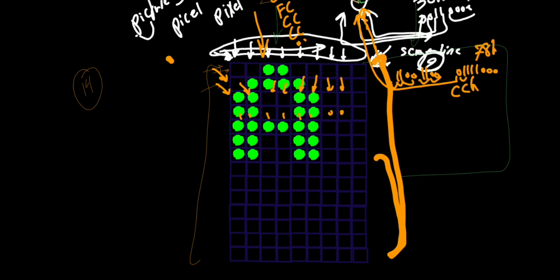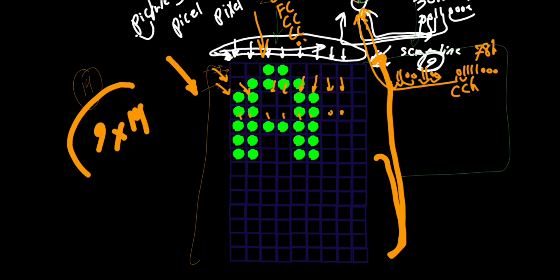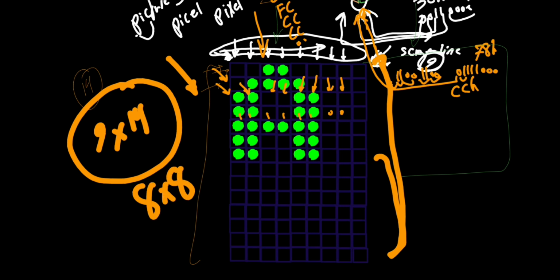But if you pay attention, this rectangle in here, which is 9 pixels wide and 14 pixels down, we say every character box is this big, 9 times 14 pixels, and its display area is 8 by 8. So another abstraction that you found out is the character and character box. Every character is 8 by 8 pixels. Every character box is 9 by 14 pixels.